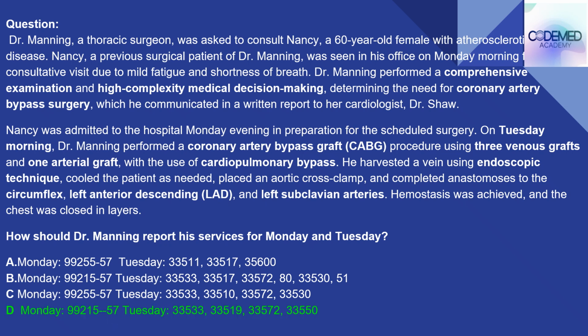So yes, D is the correct answer. We will put the modifier 57 on the E&M code, and Tuesday the CABG surgery happened. It required 3 venous, 1 arterial graft, endoscopic harvesting of the vein also happened. So all that we will cover in these codes.